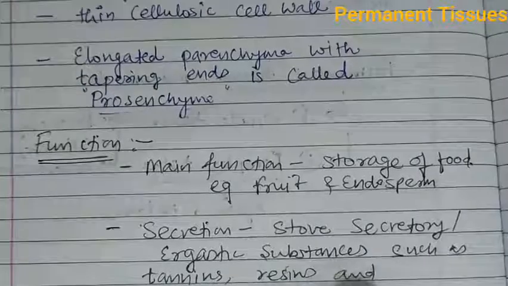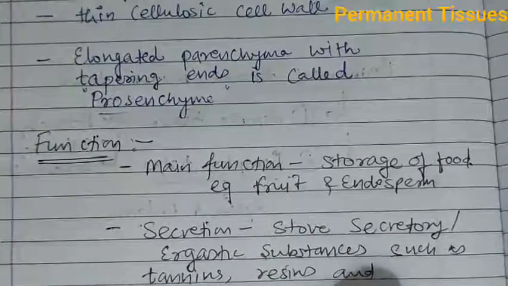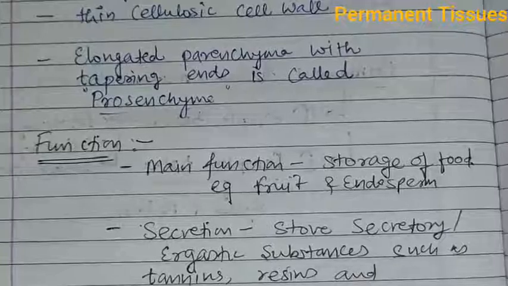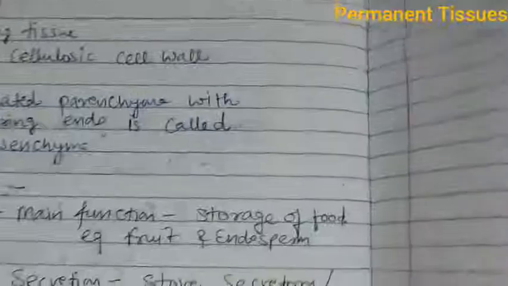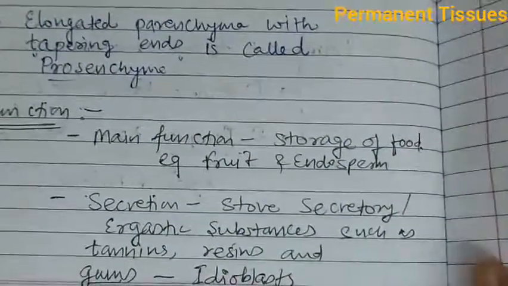The cells which store these are known as idioblasts. So idioblasts are parenchymatous cells which store secretory or ergastic substances. Okay, so I hope you got this.